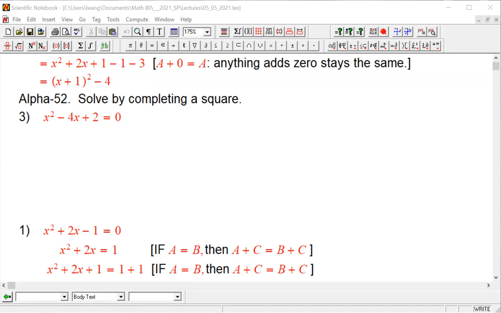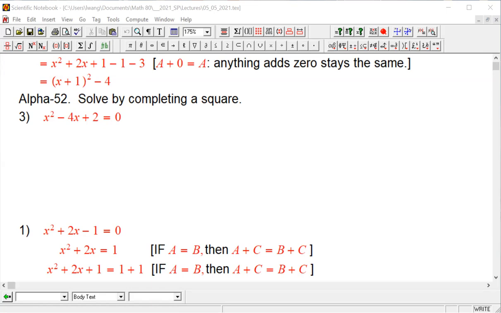Chat message: more time. Okay, I give you more time. You got it.